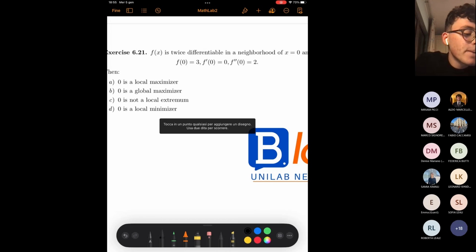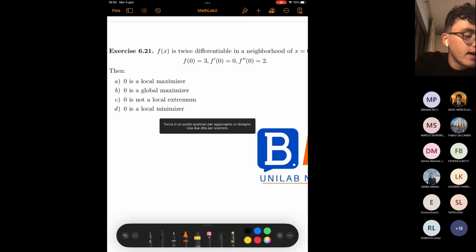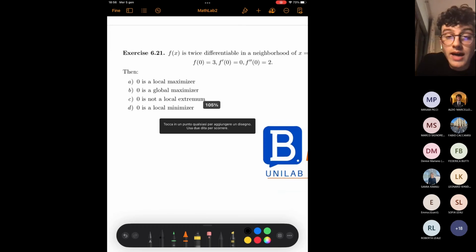Okay, and so here we can understand that at the point x equal to 0, the second derivative assumes a positive value, so the function is concave up at that point. Could 0 be a local maximizer if the function is concave up?